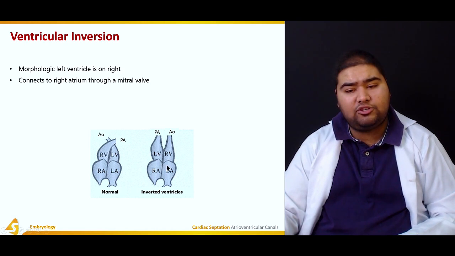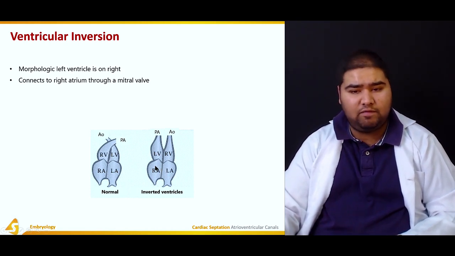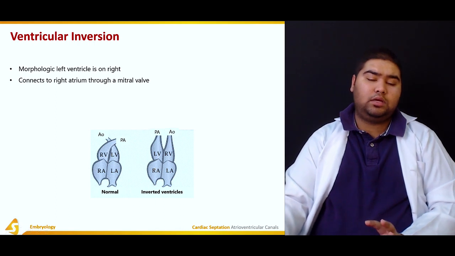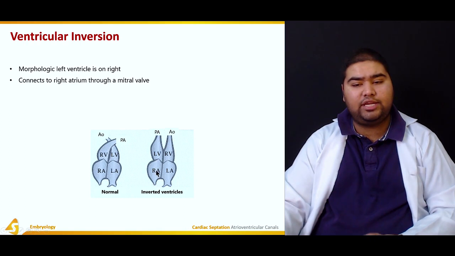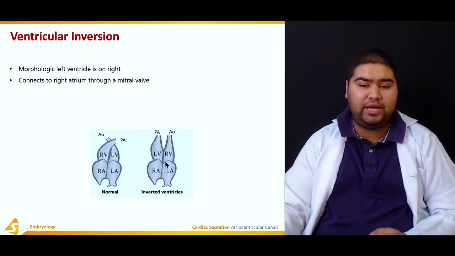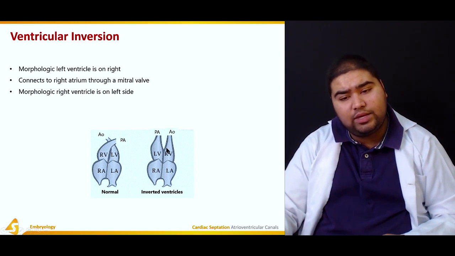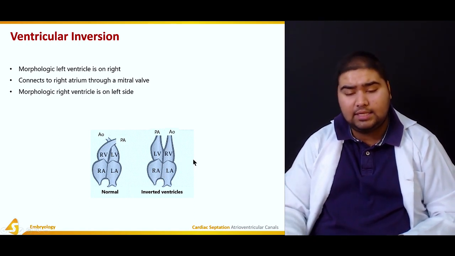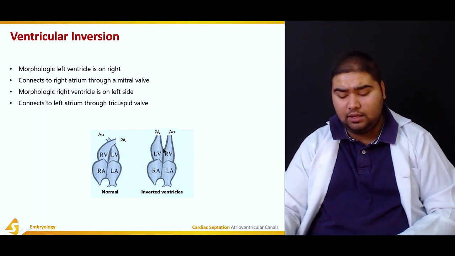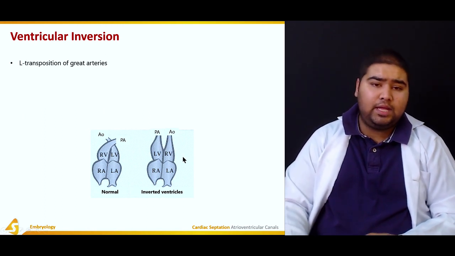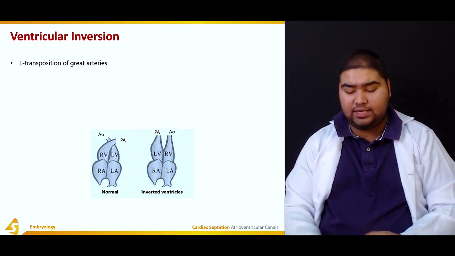It connects to the right atrium through a mitral valve. So the connection between the right atrium and the left ventricle is with a mitral valve, and the morphological right ventricle is on the left side, and there's a tricuspid valve between this right ventricle and the left atrium. It is also known as L transposition of the great arteries.